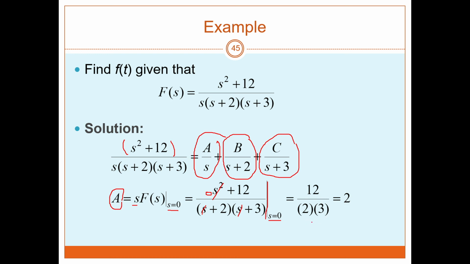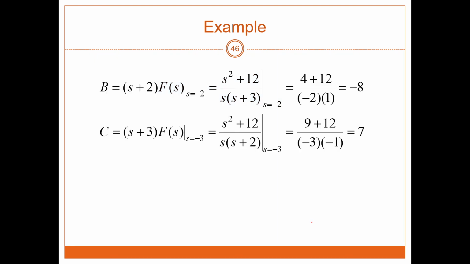The next one we have to find is B. If you want to find B, we take out the s plus 2, and the root is minus 2. So we substitute minus 2 into this function to find the value of B. Now B becomes minus 8.